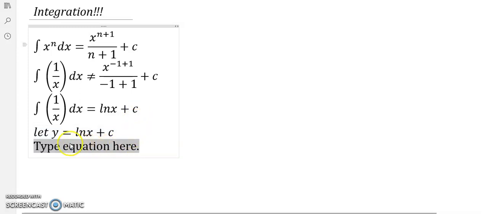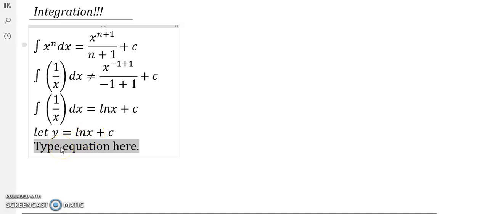To differentiate this one, we know that it's going to give us 1 over x, since we know that the derivative of ln x is x prime divided by x, and x prime is 1, since the derivative of x will give us 1.